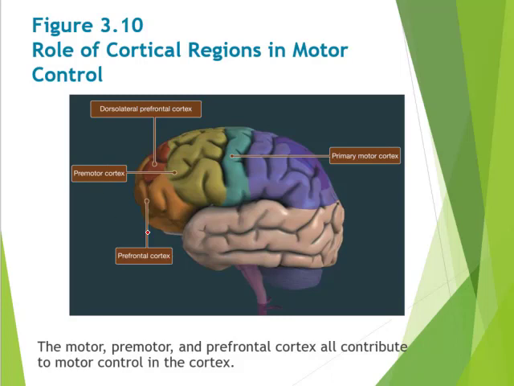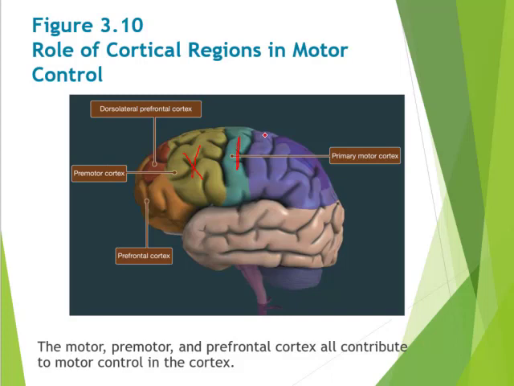And you can see here we have the prefrontal cortex at the very front. The dorsolateral prefrontal cortex is at the top. And the premotor cortex is over here, more rostral to the primary motor cortex, which is here.